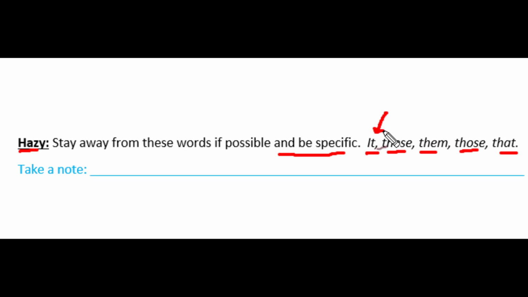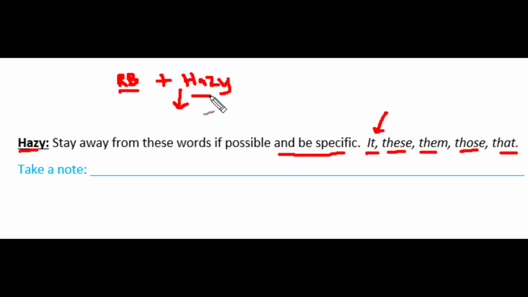It's a hazy pronoun. Now, when you put this together with the razor blade rule, remember razor blade rule says simple is best. And now hazy says that we want to make sure that we know what we're talking about. When you put these two rules together, this is what you come up with: short but not hazy.